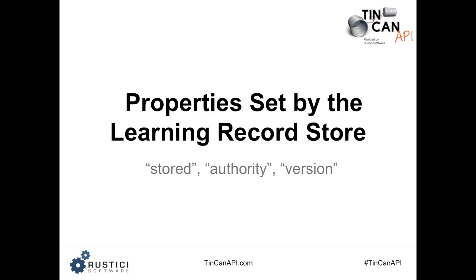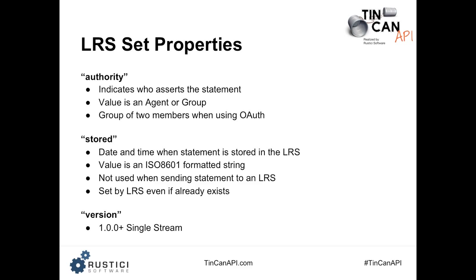Now, ID and timestamp are two properties that can be set either by the activity provider or by the LRS. Some properties set specifically by the Learning Record Store, or LRS, include the stored, authority, and version properties. The authority indicates who asserts the statement. In other words, what account was used to authenticate against the Learning Record Store when that statement was created or stored.